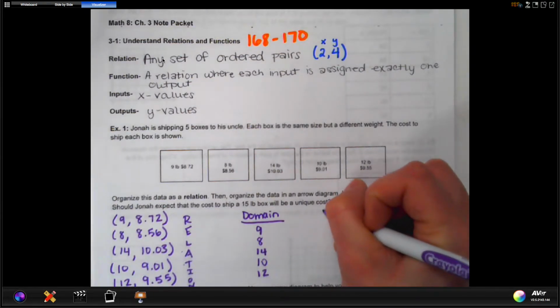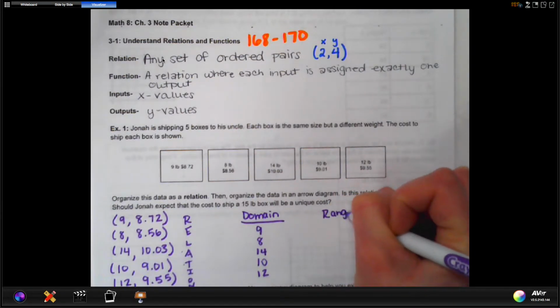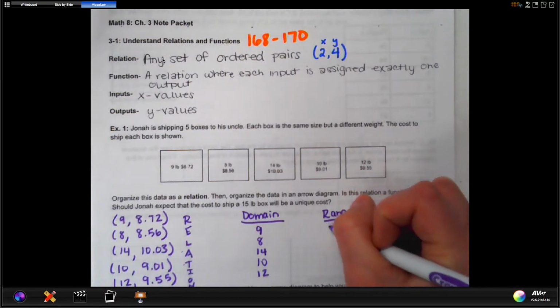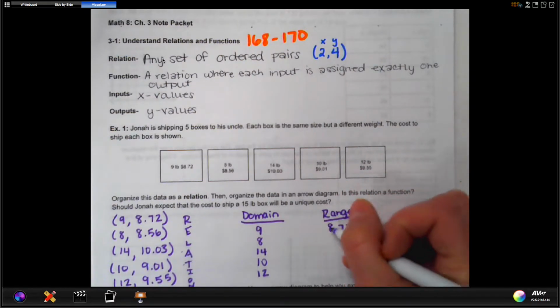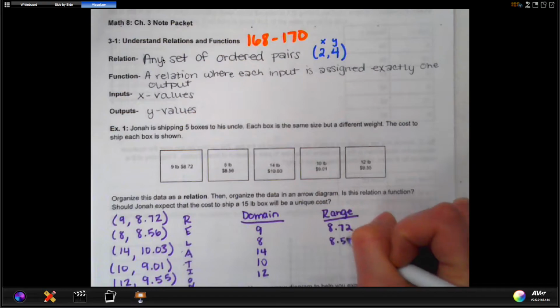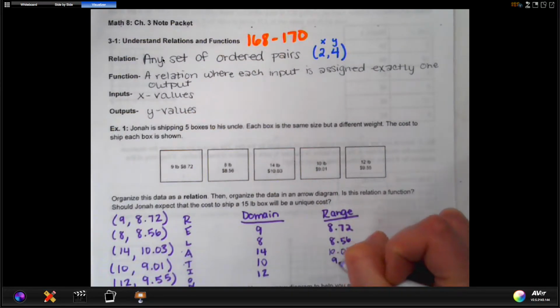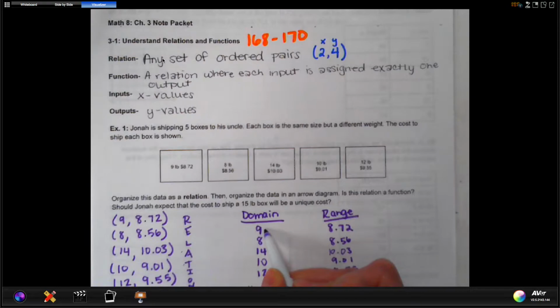And then our range or our y values, we list those. All right, 872, 856, 1003, 901, and then 955.